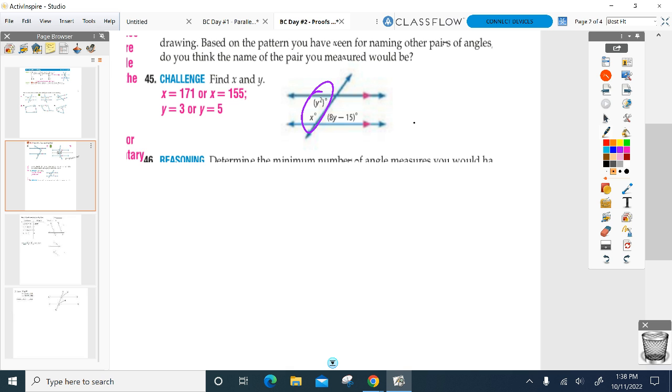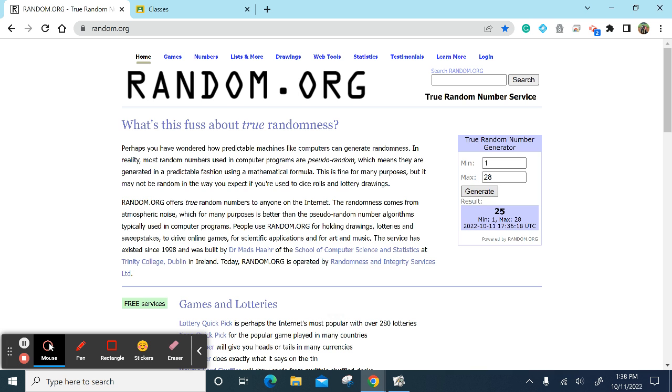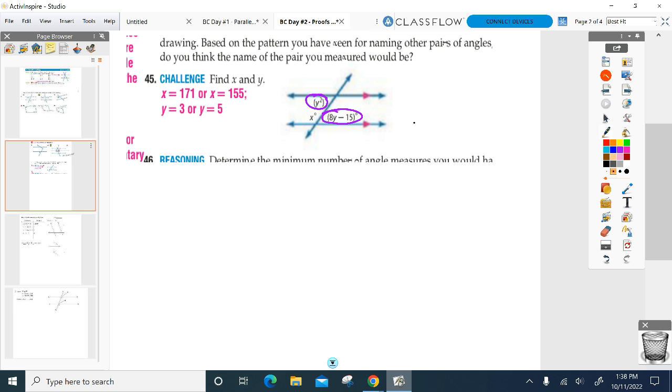Does it make any sense to try to come up with an equation with those two, y squared and x? No, I don't want an equation with two variables. So instead, I'm going to use y squared and 8y minus 15. Name those angles. Those types of angles are what, from Friday? What type of angles are those? Alternate interior. Supplementary, congruent.